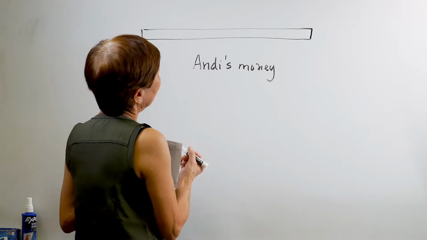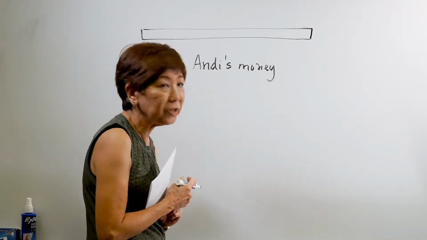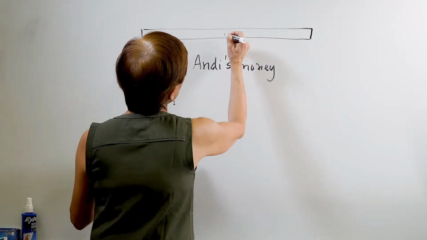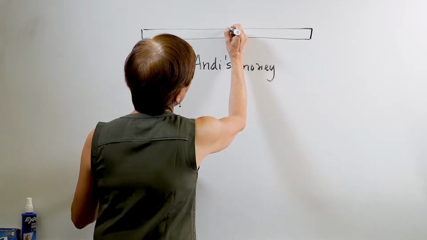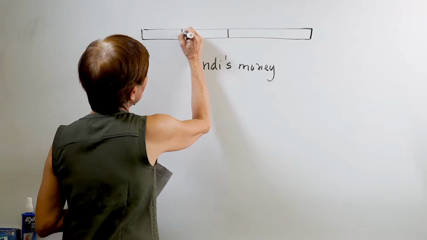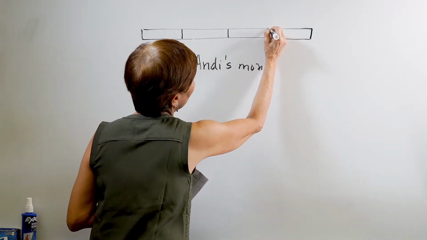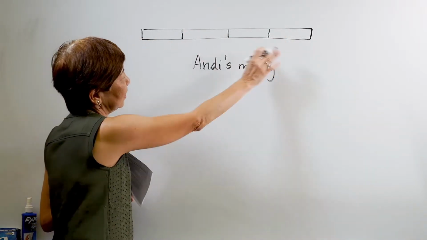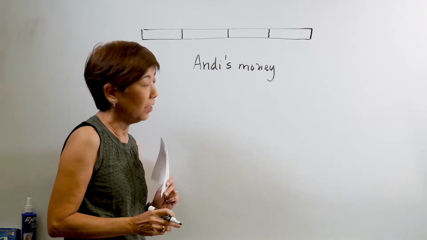So I'm going to divide this into 8 equal parts. I'll do the best that I can. So what I'm going to do is divide it in 2 equal parts. And then I'm going to divide each of those parts into equal parts. So now Andy's money is divided into 4 equal parts.